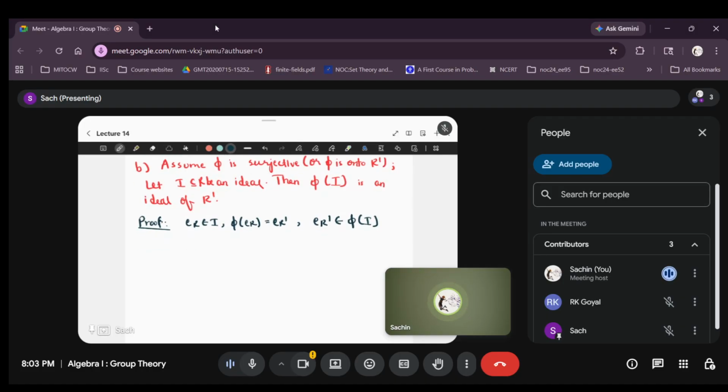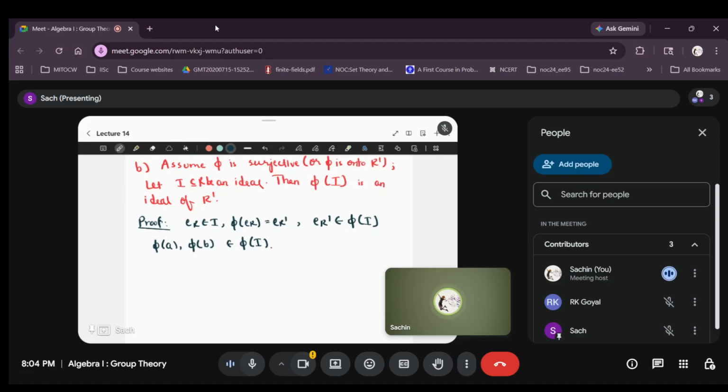Then for closure, suppose phi of A and phi of B belong to phi of I. We are showing that phi of I is an ideal, so we pick two elements in phi of I. But phi of I is what?